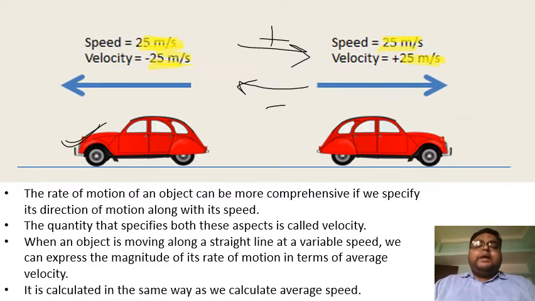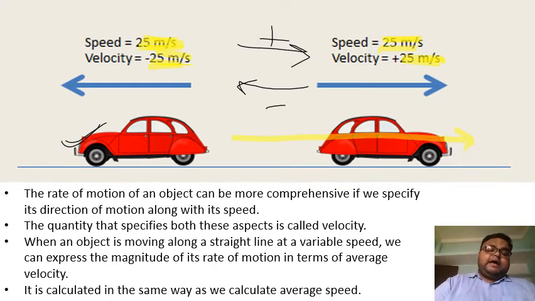Okay. So when an object is moving along a straight line at a variable speed, we can express the magnitude of its rate of motion in terms of its average velocity. Suppose there is a body moving along a straight line. Its motion can be described in terms of average velocity, right? And how do we calculate average velocity, students?